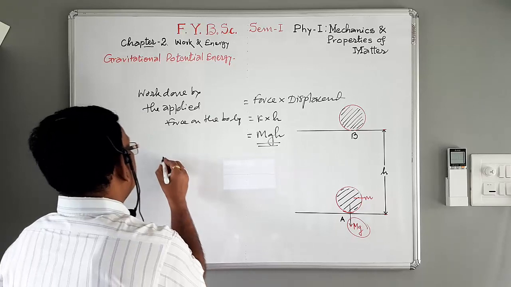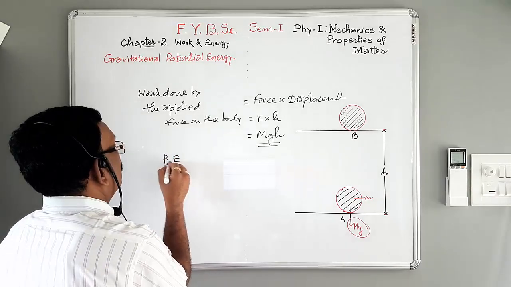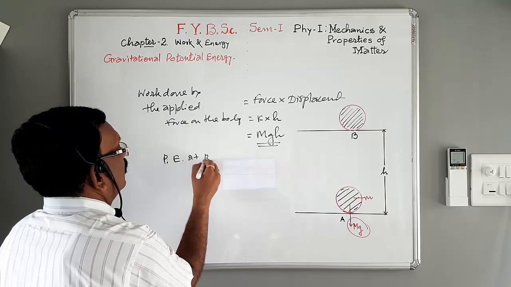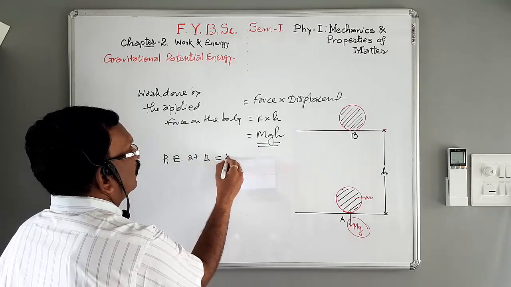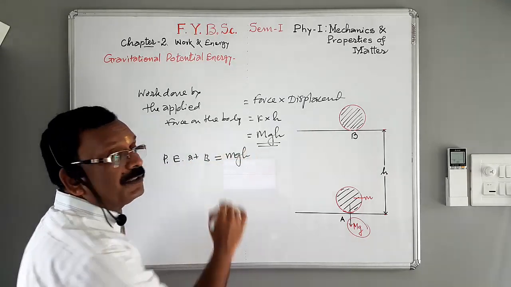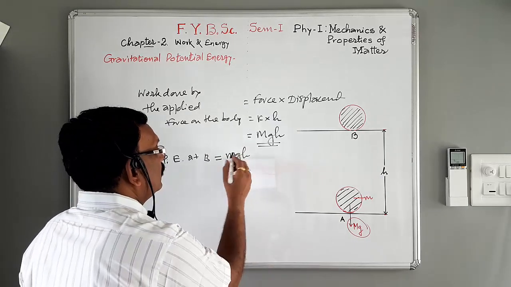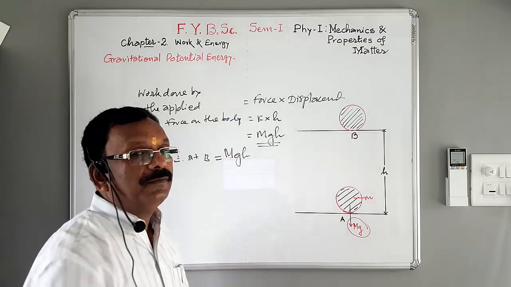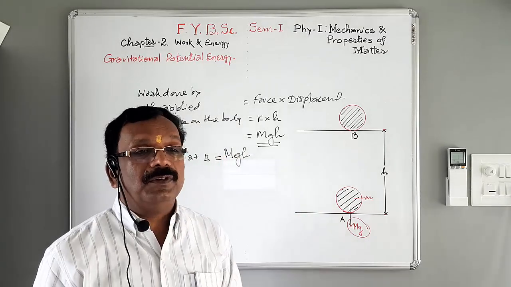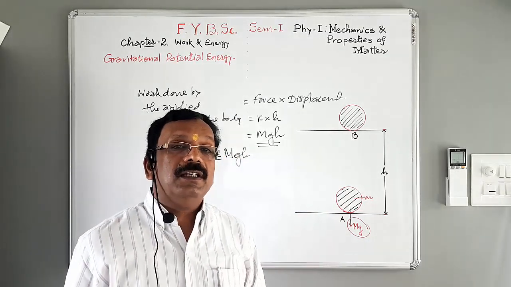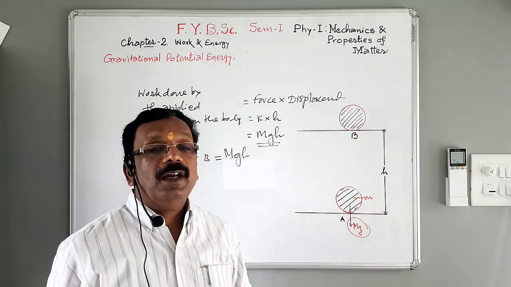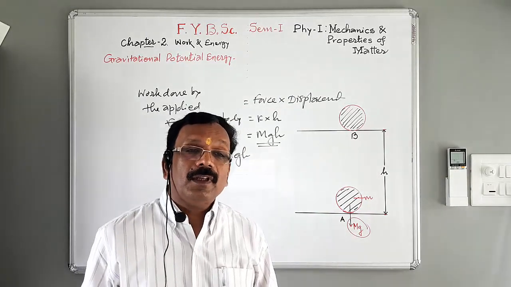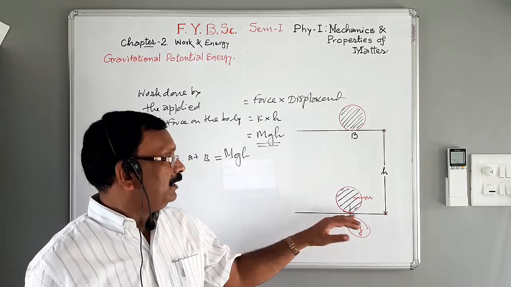Therefore, the potential energy at point B is equal to mgh, where m is the mass of the body, g is acceleration due to gravity, and h is the displacement or height or altitude. In fact, this is the change in potential energy.